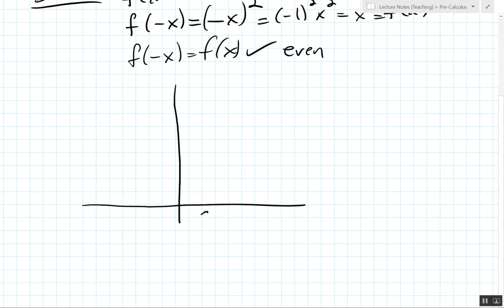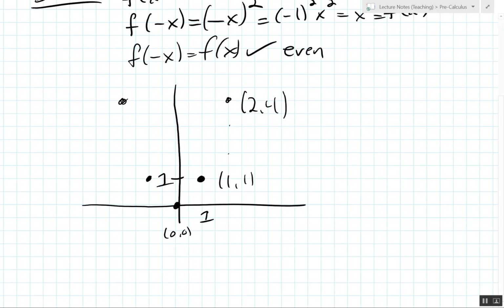So we'll make these one here and one here. So here's the origin. Here is 1, 1. Here is 2, 4. And notice that we get all these points on the other side of the y-axis. And if we look at all the points here, this is 1, 1, this is 2, 4.